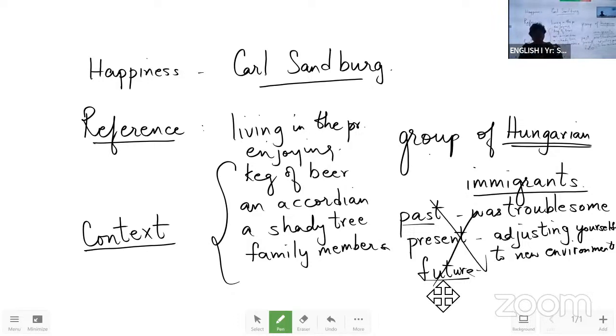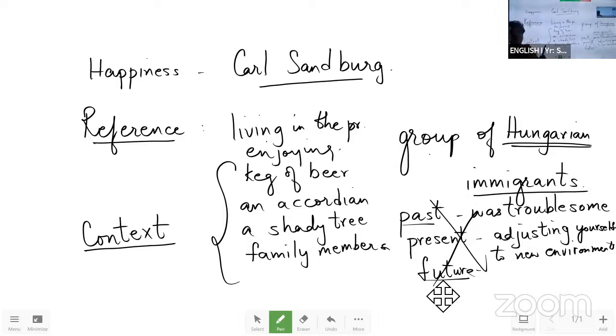So this is what all this is. You don't have to tell children. This I'm telling you for your understanding. Please do not write it in the book. It is only that when the narrator, the poet, was walking along the banks of Des Plaines River on one Sunday afternoon, he came across a group of Hungarians who had a keg of beer and accordion and were enjoying themselves with their near and dear ones, with their family members.